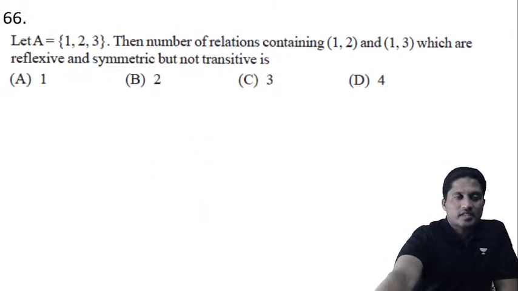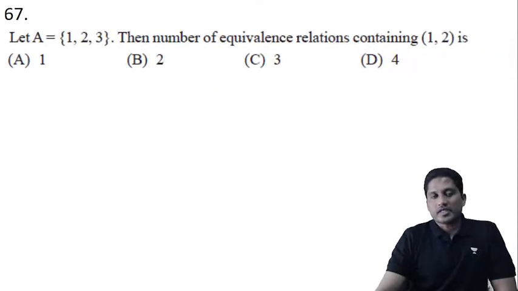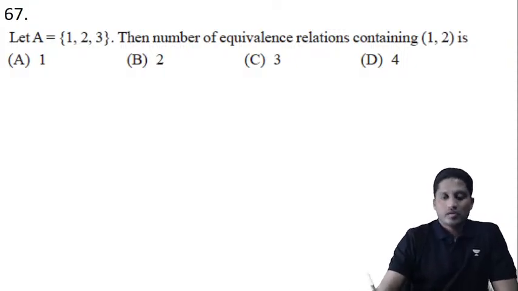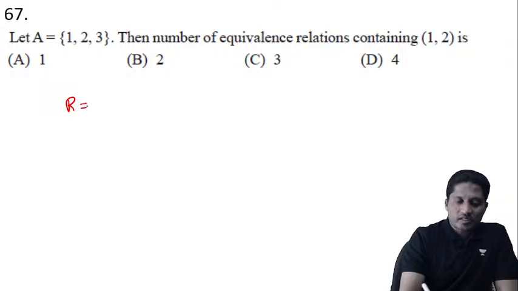There is a similar question. Even this is an NCERT MCQ. Set A is equal to {1, 2, 3}. Number of equivalence relations on the set containing (1, 2). See, suppose relation R is one equivalence relation, right?